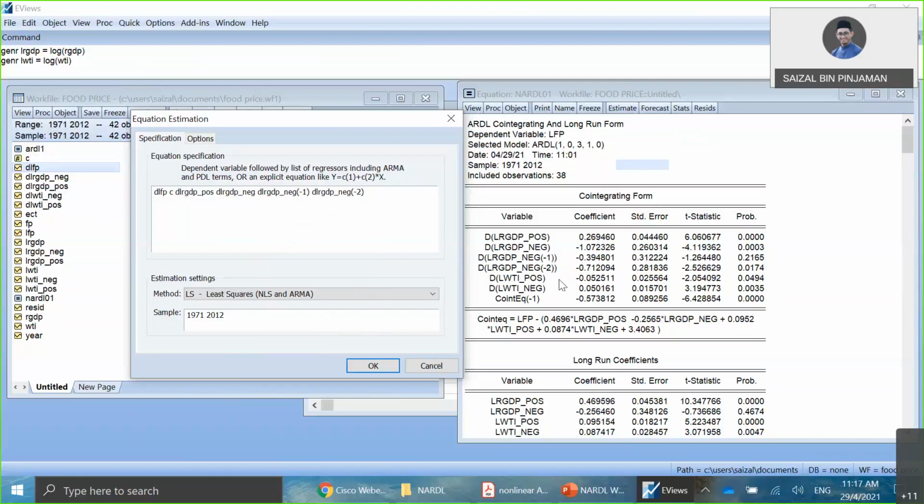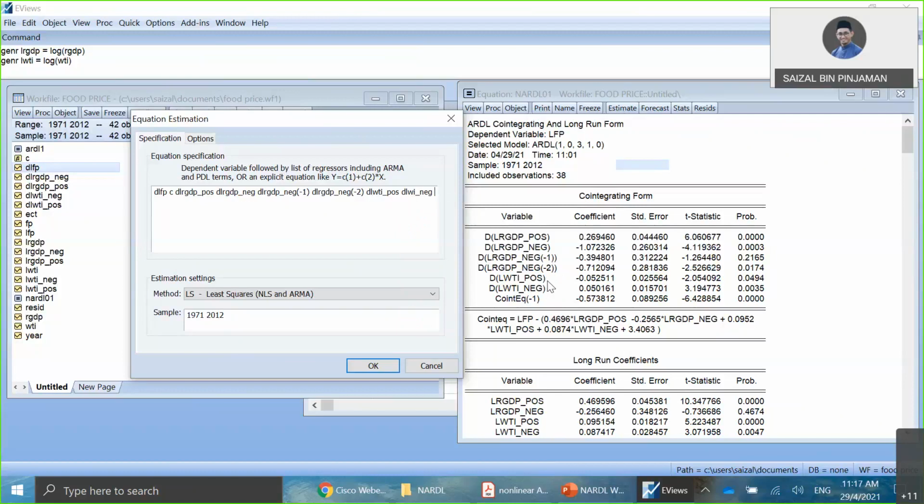And then after that, we have the DLWTI, which is the difference form for the fuel price in positive as well as the fuel price in negative. So here you can see based on the co-integrating form, we don't have lag values for fuel price.